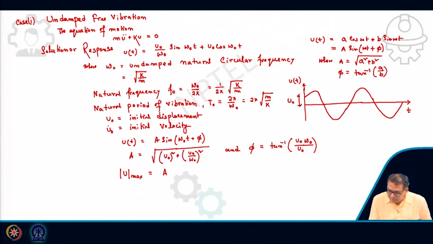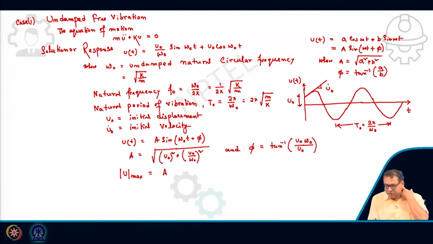This is the initial velocity, and the slope of that will give you U dot 0. And here this is the time period, so natural time period T0 will be 2 pi by omega 0. Clear?